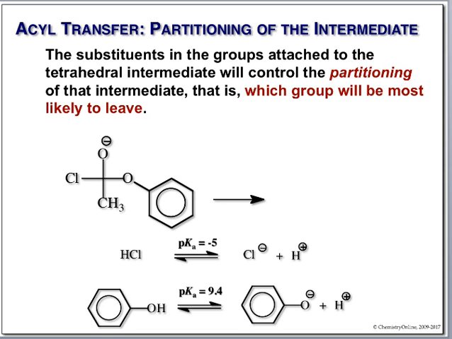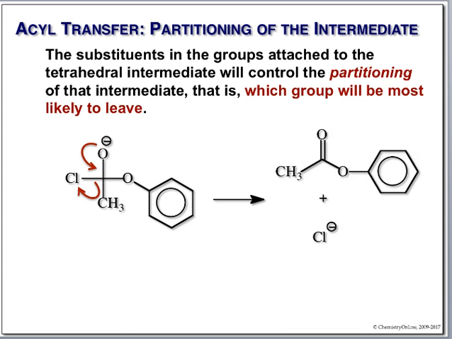So this tetrahedral intermediate will partition. Partition is a word we use. This way, chloride will leave, and we will get phenyl acetate and chloride anion.